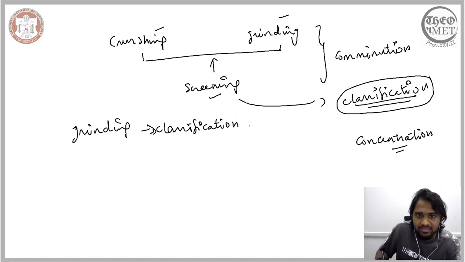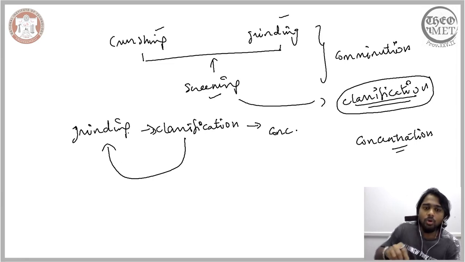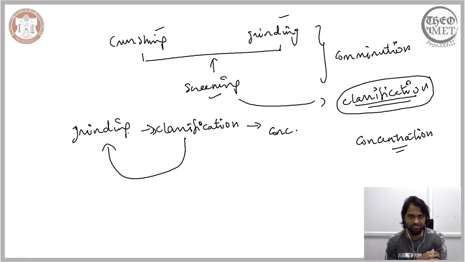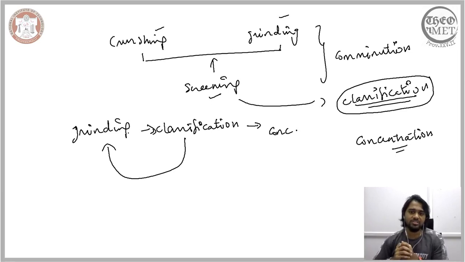The smaller particles are then sent for further processing, that is concentration, and the particles that are greater in size, that have not experienced sufficient grinding, are sent back for further grinding. So one place where classification is used is to ensure that only sufficiently small particles are sent to the subsequent concentration processes, and particles which have not achieved the required size are sent back to grinding.